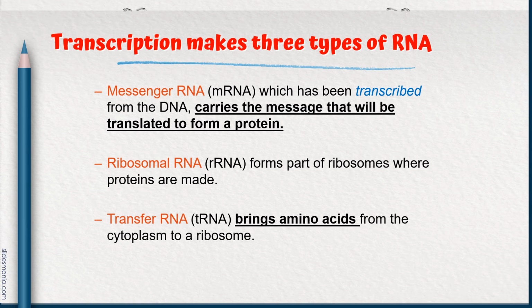And the third one is the transfer RNA, or the tRNA, which brings amino acids from the cytoplasm to a ribosome. RNA is an important type of nucleic acid that plays several roles in the production of protein. RNA is necessary to carry the instructions of the DNA out of the nucleus and to the ribosomes.